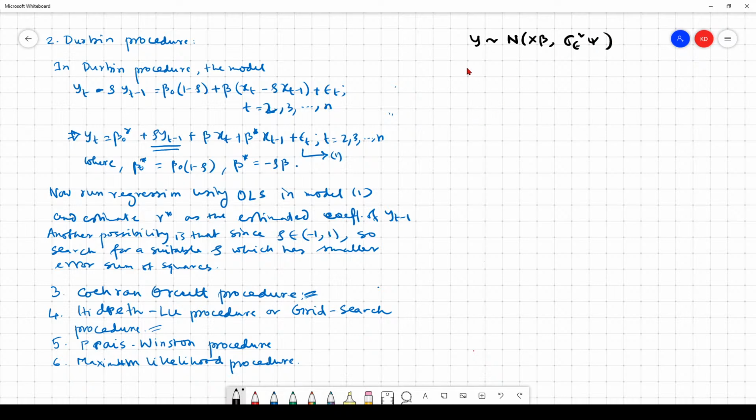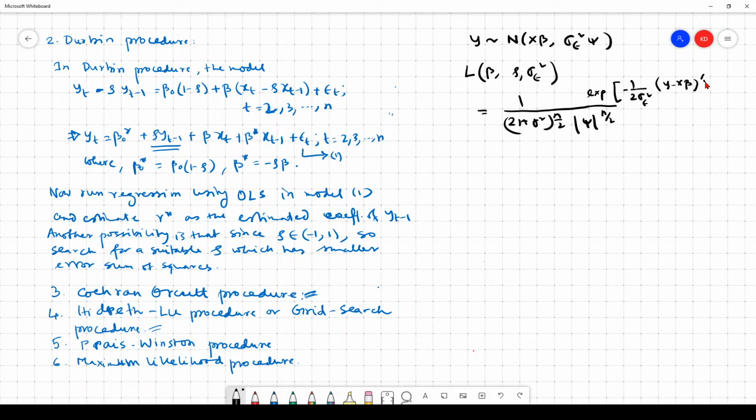The likelihood function, which is a function of beta, rho, sigma epsilon square, is equal to 1 by 2 pi sigma epsilon square to the power n by 2, determinant of Sigma to the power minus 1 by 2, because y is an n-dimensional normal distribution, times exp of minus 1 by 2 sigma epsilon square (y minus X beta) prime Sigma inverse (y minus X beta).